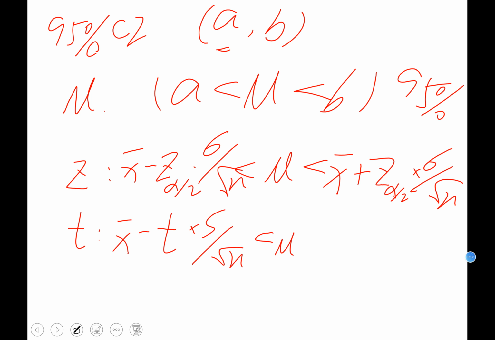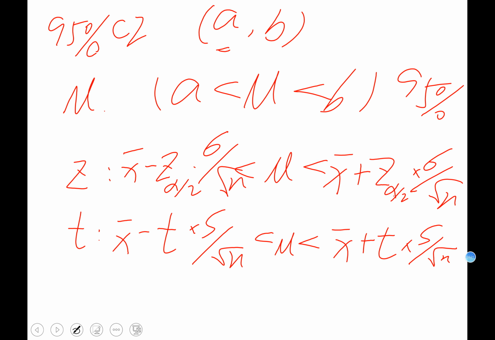Mu is more than this number and less than another one, x bar plus T times S over square root n. So we can find that based on different distributions, the formula is different.